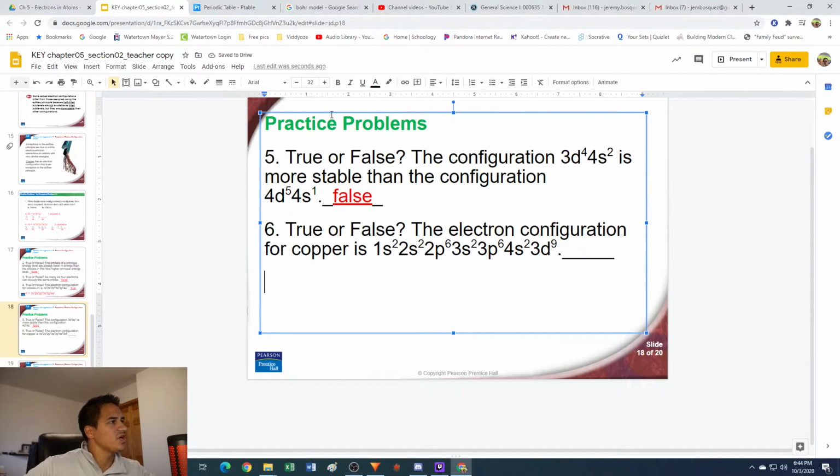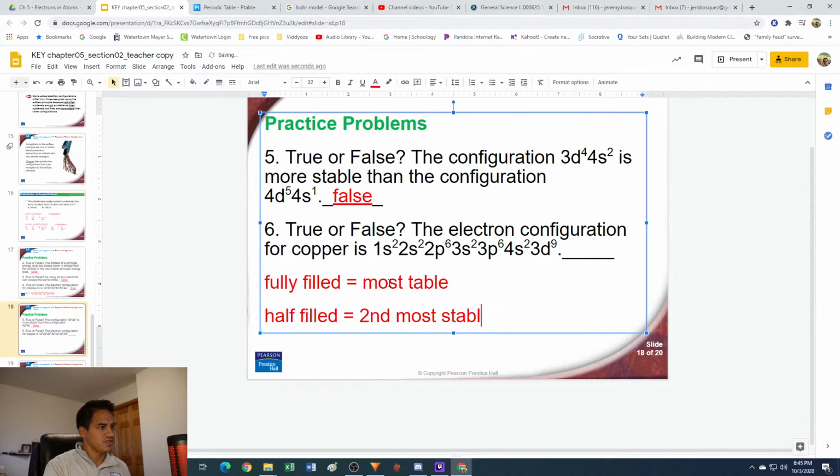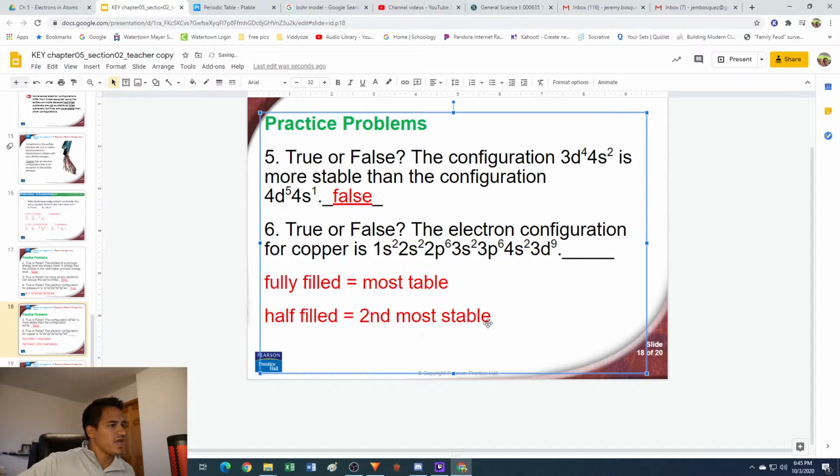All right. So remember we talked about at the very end of this chapter section what makes orbitals stable. Okay, so full orbitals, so fully filled, are the most stable, and half filled are the second most stable. And so when we're talking about fully filled, we mean like s orbitals.